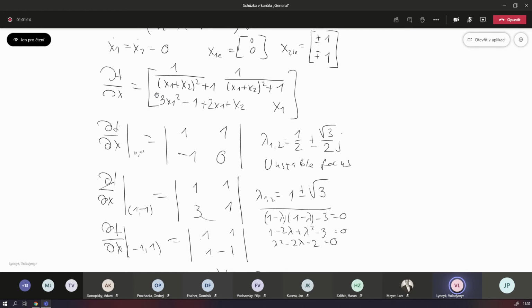Maybe something like this, and we can decide about the stability. Okay, you can finish this task at home, and let's calculate another example.